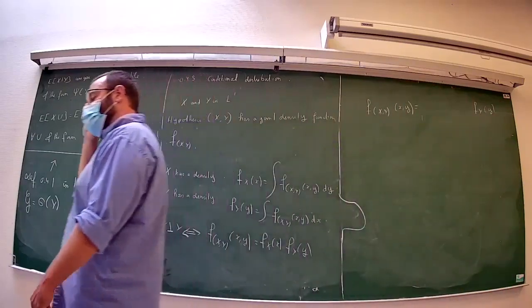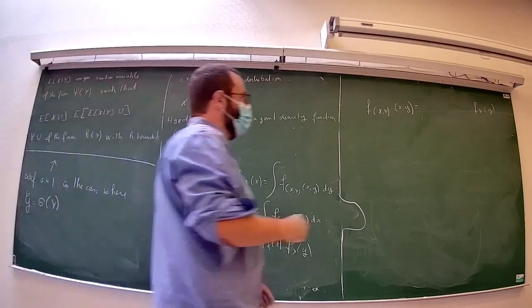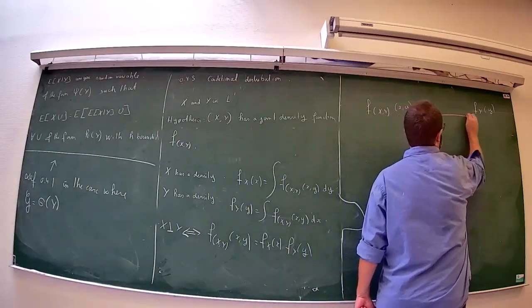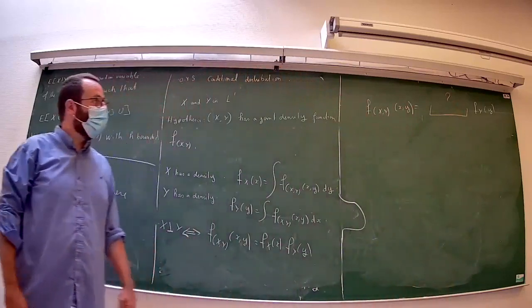So suppose that they are not necessarily independent here, but that you want to write something like this. What can I put here in order to have this one?